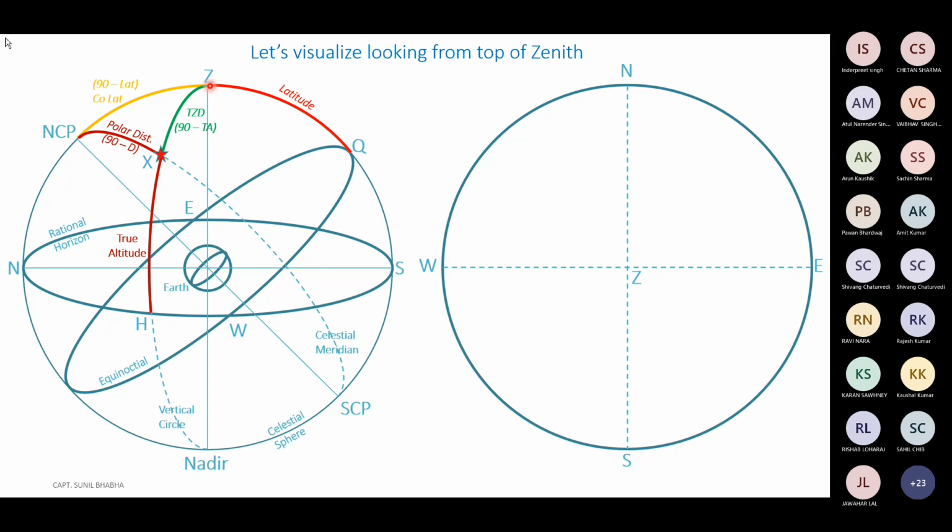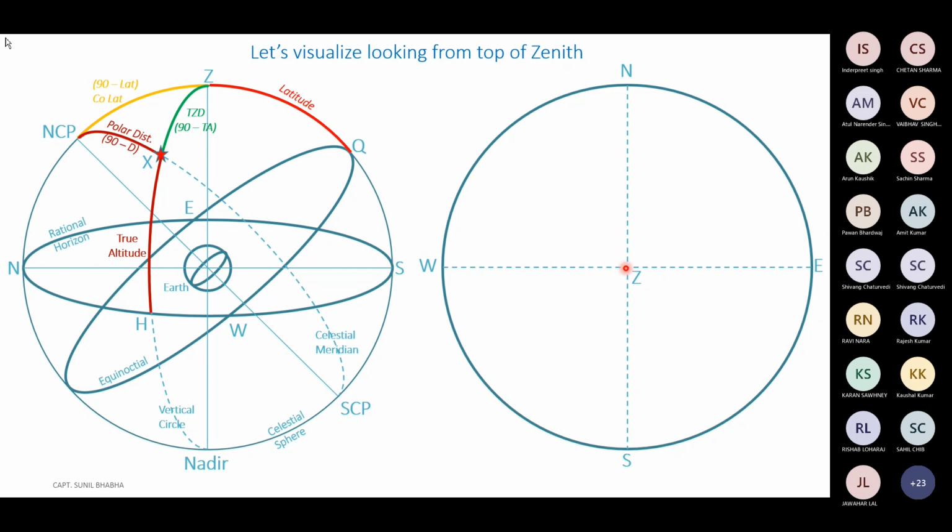Now from Z, if you move towards the south point, once you cover an arc equal to the latitude, you reach point Q. So let's mark off this Q point in our rational horizon diagram.